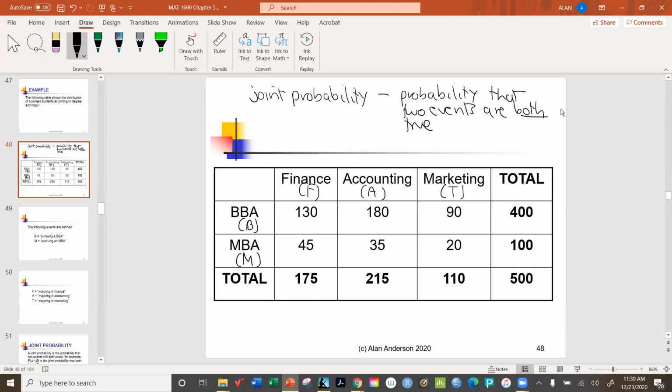And this is actually expressed with intersection. So let's take a look at these.